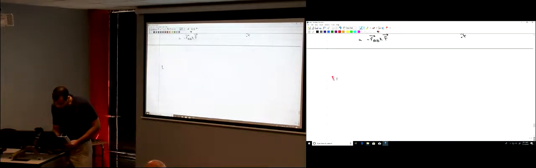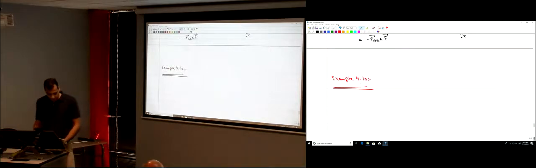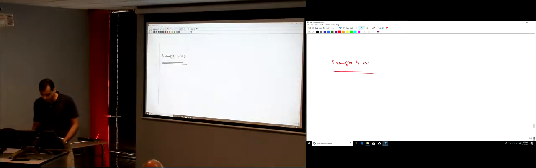So example 4-10. In example 4-10, it's a two-dimensional problem, okay? We have an object that looks like this.